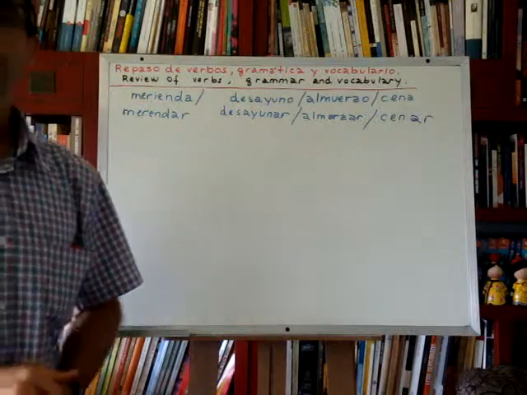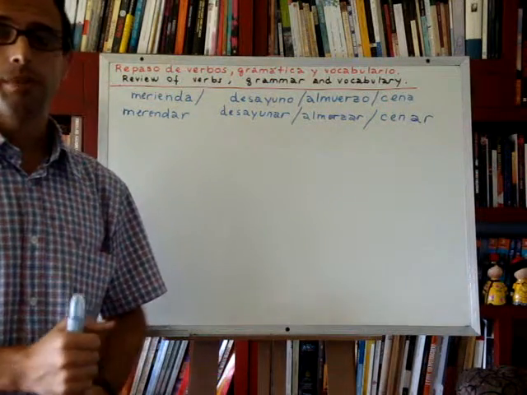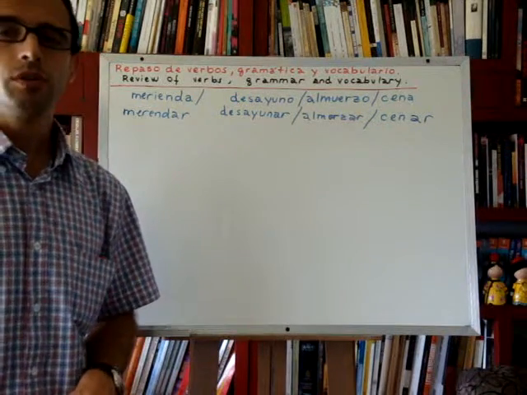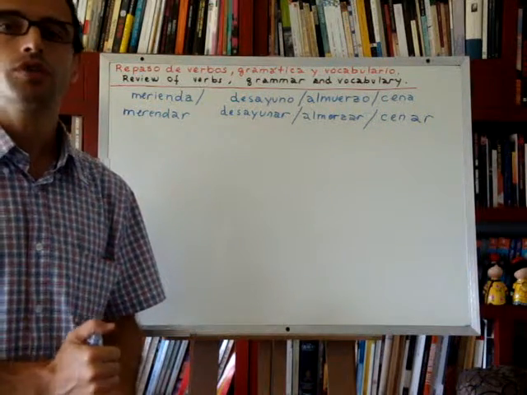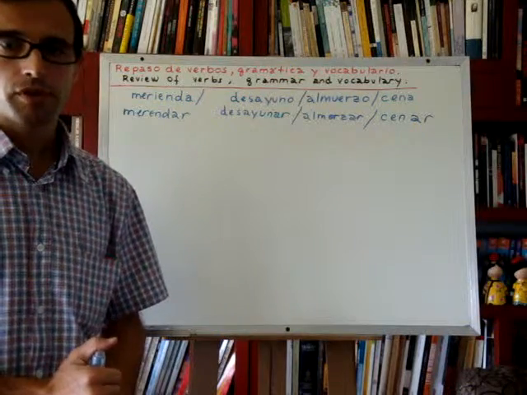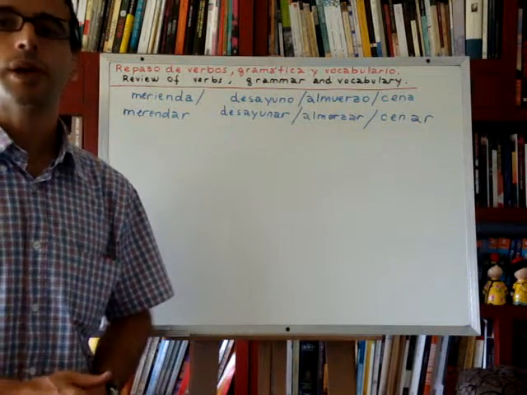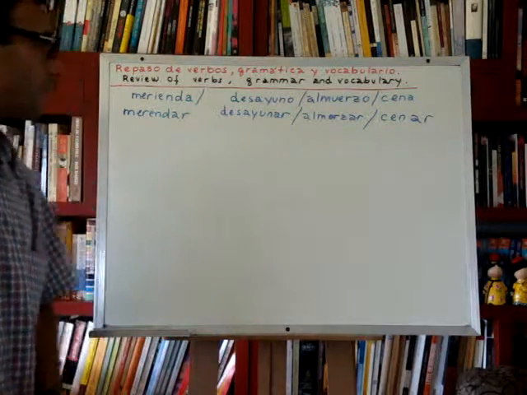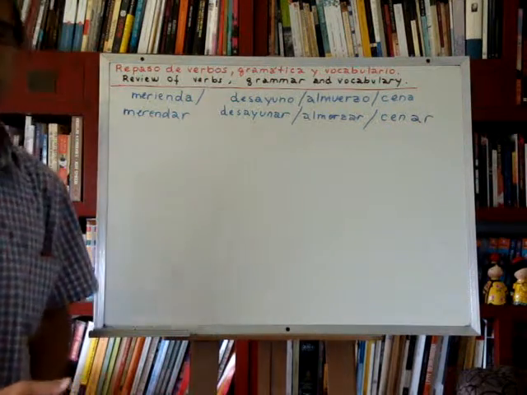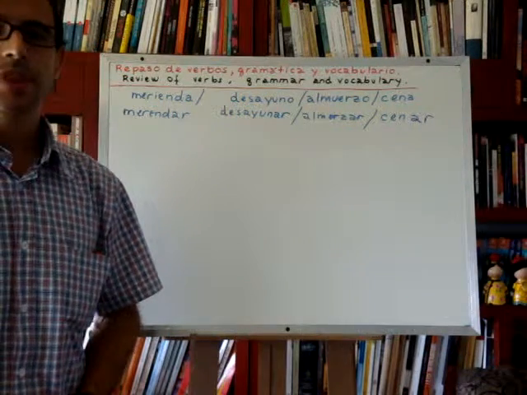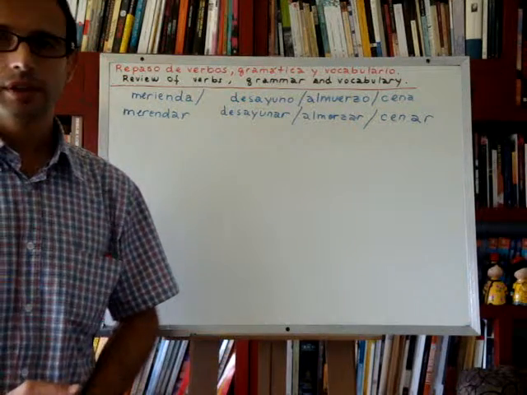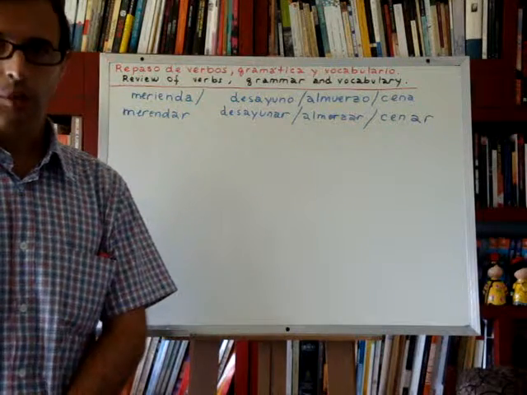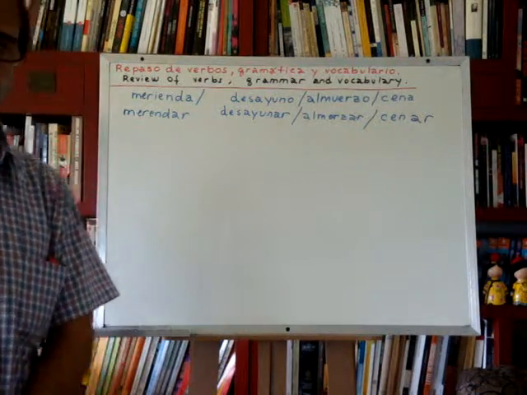So, if you remember our lessons, and mainly the PowerPoint video lessons, those 22 lessons where I showed you how to conjugate all the verbs in Spanish into the 22 different Spanish conjugations or tenses, okay? So, how would we say I will have breakfast at home?